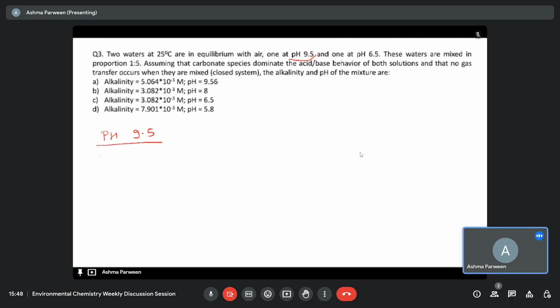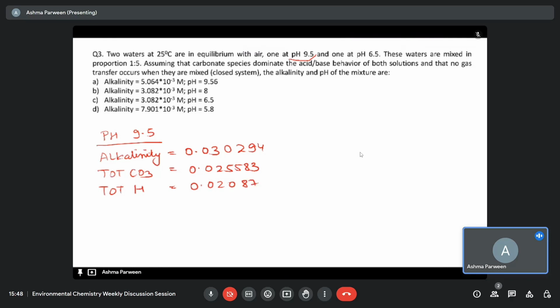For this system, we have calculated alkalinity, total CO3 and total H. Alkalinity was 0.030294. Total carbonate was 0.025583. Total H was 0.020873.